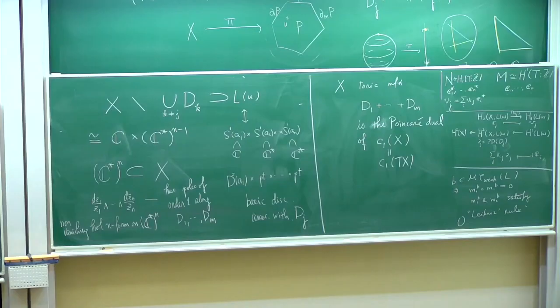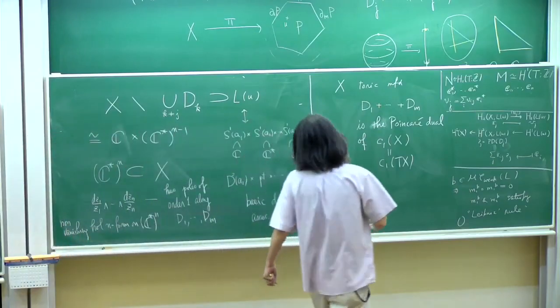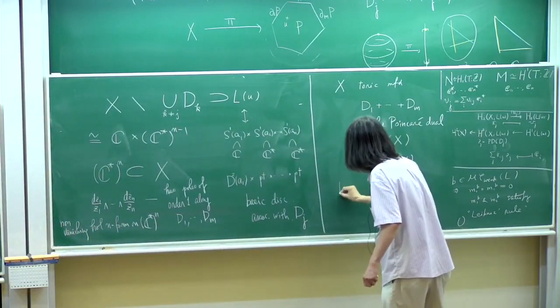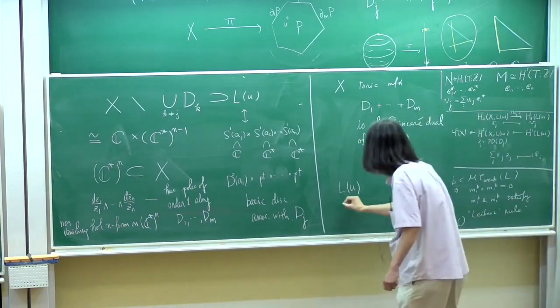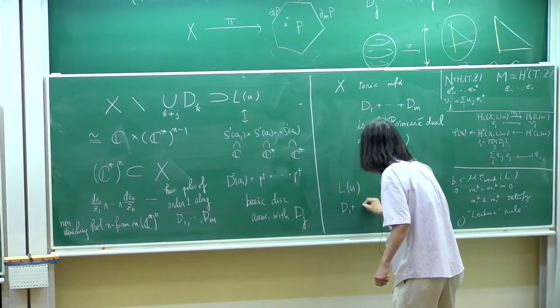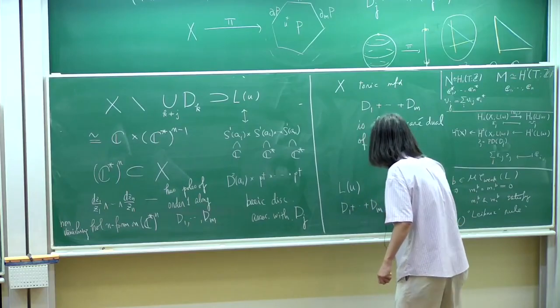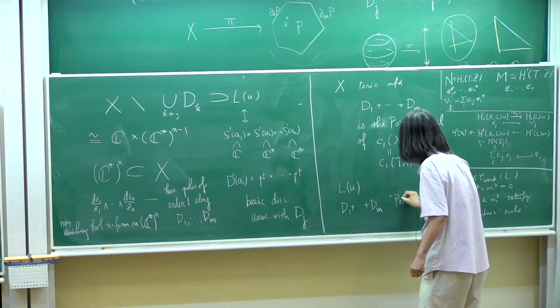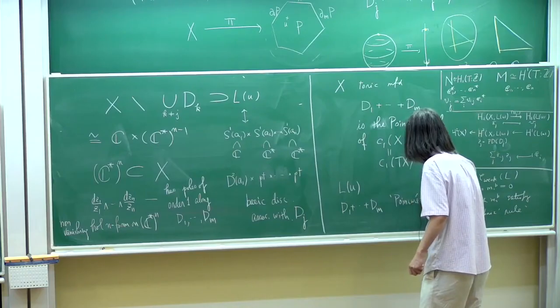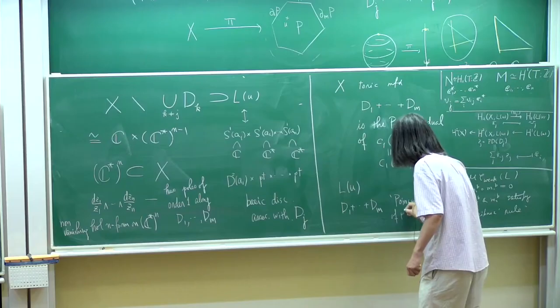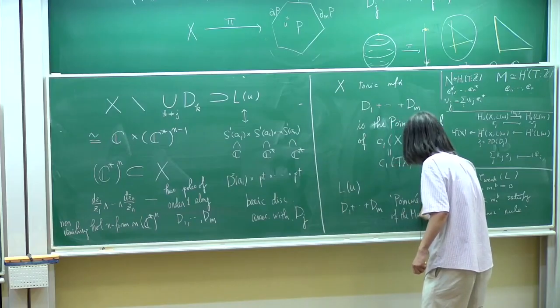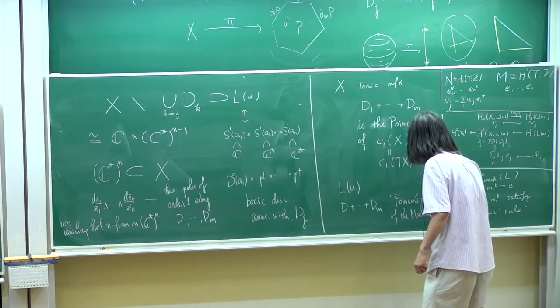And in fact, for this Lagrangian torus L_U, this sum of D1 to Dm is also the Poincare dual of the Maslov class.